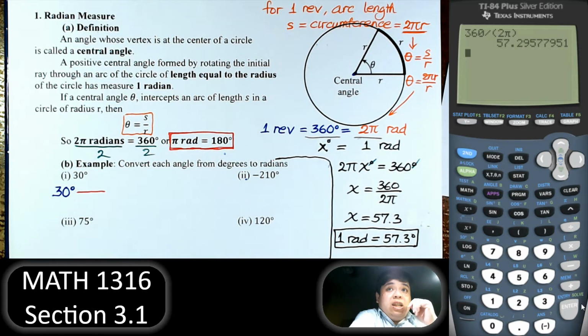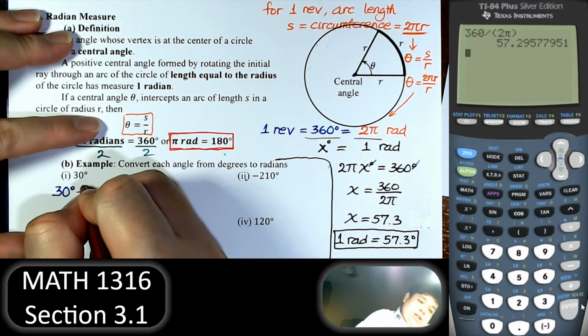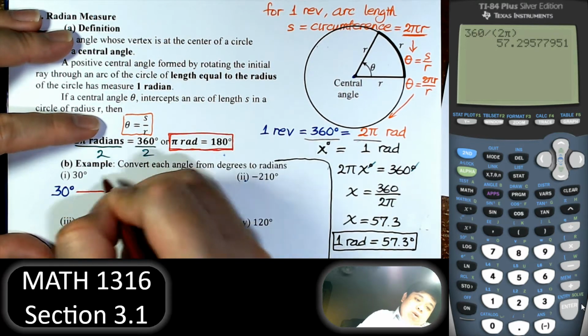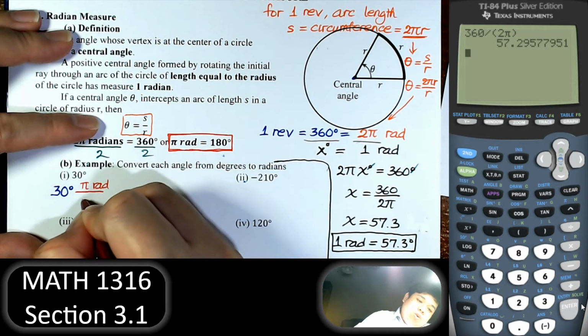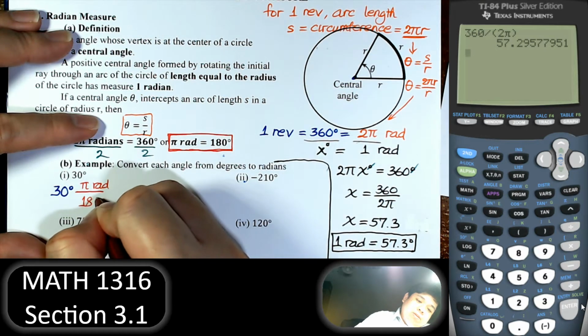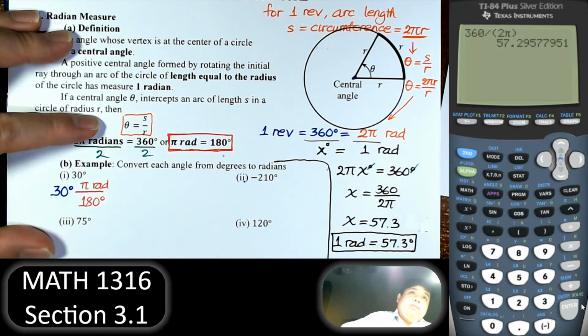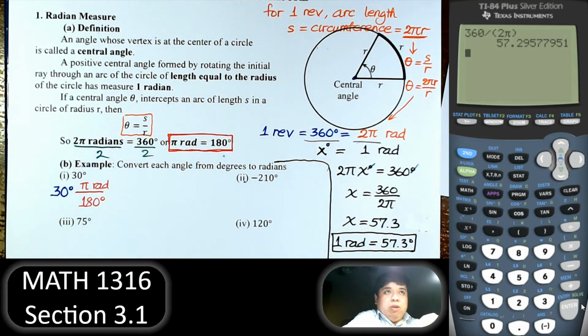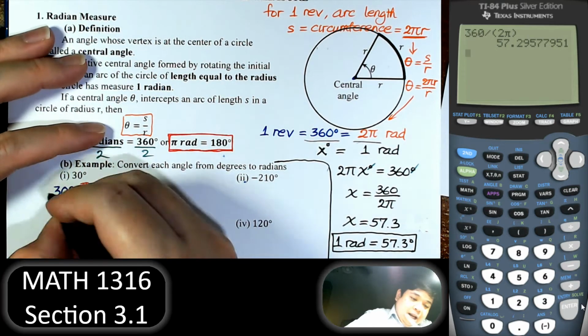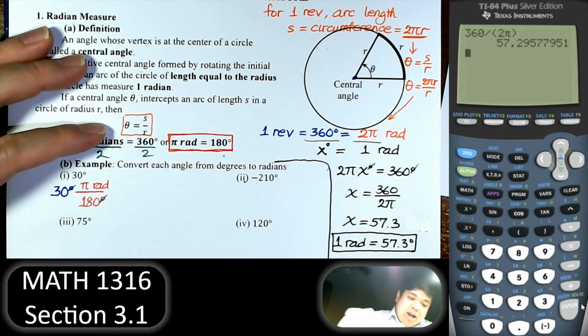If the answer is in radians, we're going to put the radian on the top, and we'll put the other one at the bottom. If we want degrees, we put degree on top, radian at the bottom. If we want radian, put radian on top, degree at the bottom. Now, the degree and the degree cancel out.